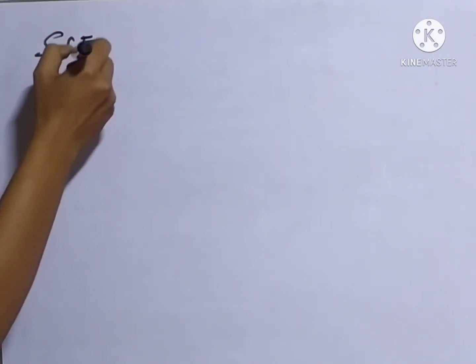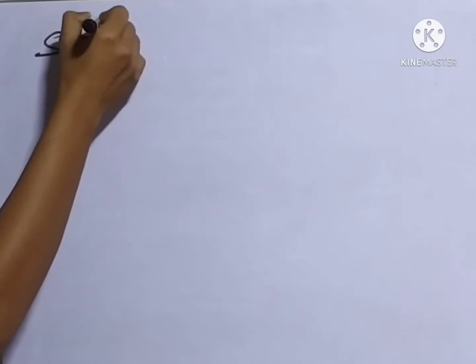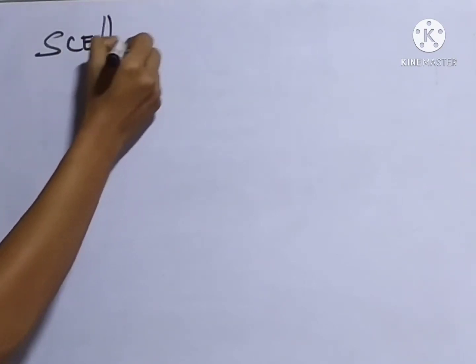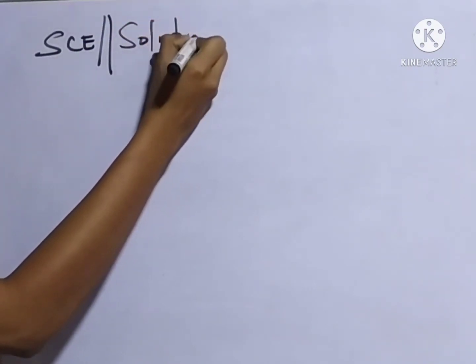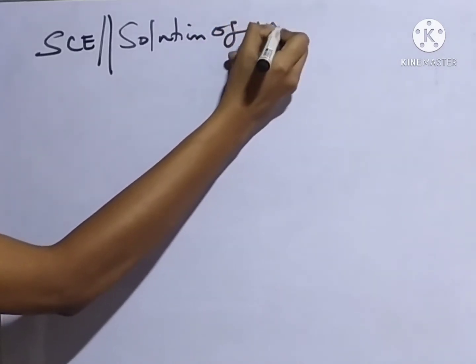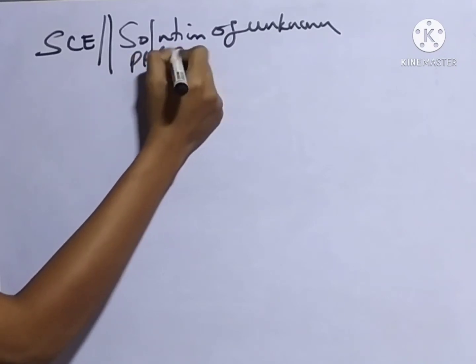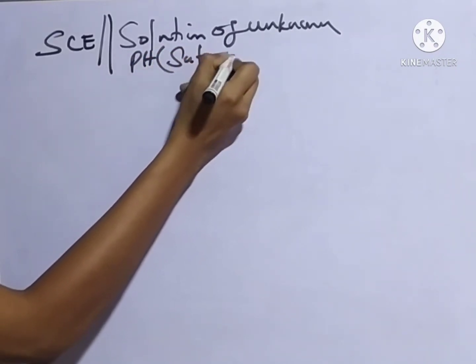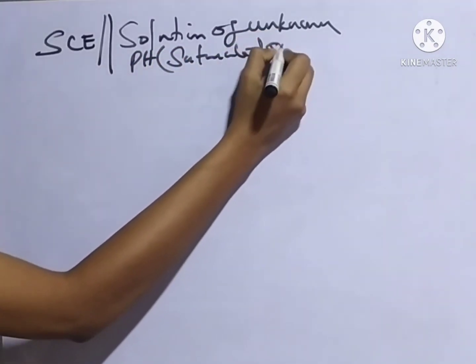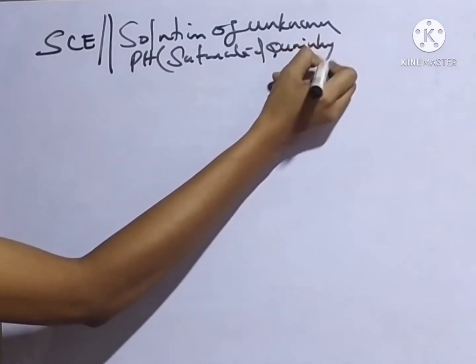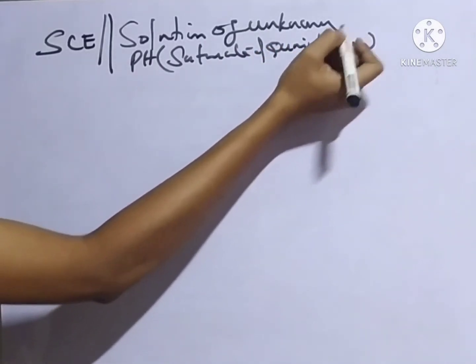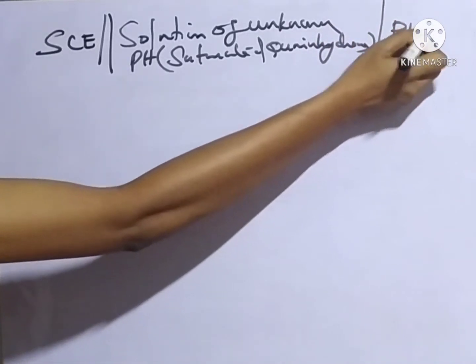Now if it is part of the cathodic half cell and the reference electrode is the standard calomel electrode, then the cell can be represented like this: standard calomel electrode, solution of unknown pH saturated with quinhydrone, and platinum.